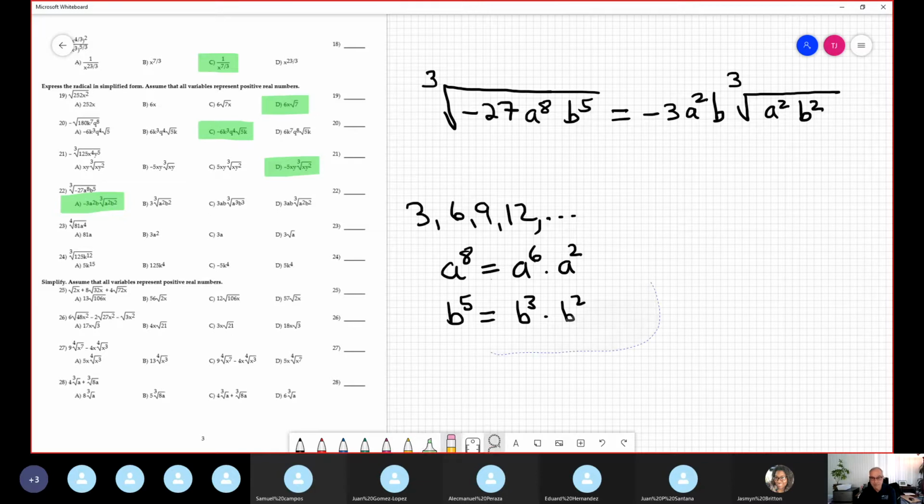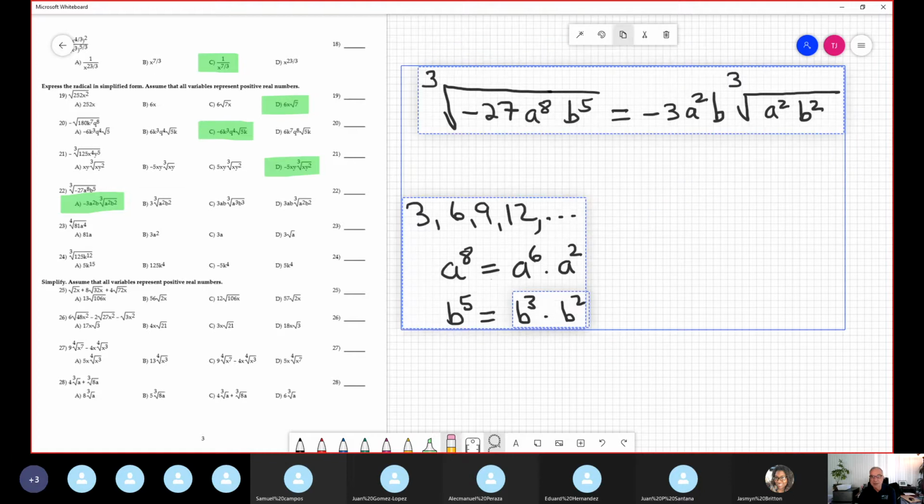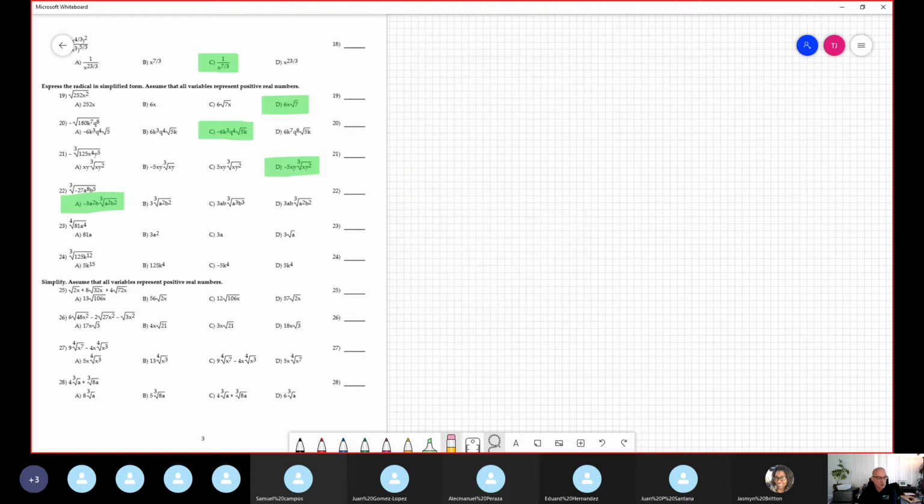Do you see or no? And likewise, when it's a 4th root or 5th root, you select groups of 4 or 5, depending on the index of the root. Suppose number 23 is the 4th root of 81 a to the 4th. 81 is not divisible by 2, it's divisible by 3.